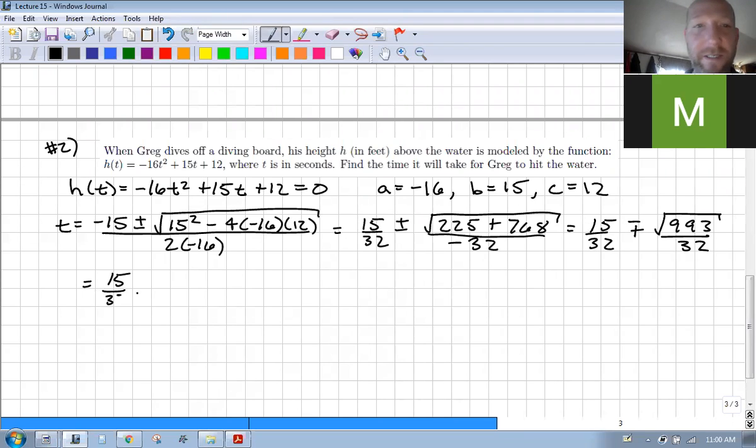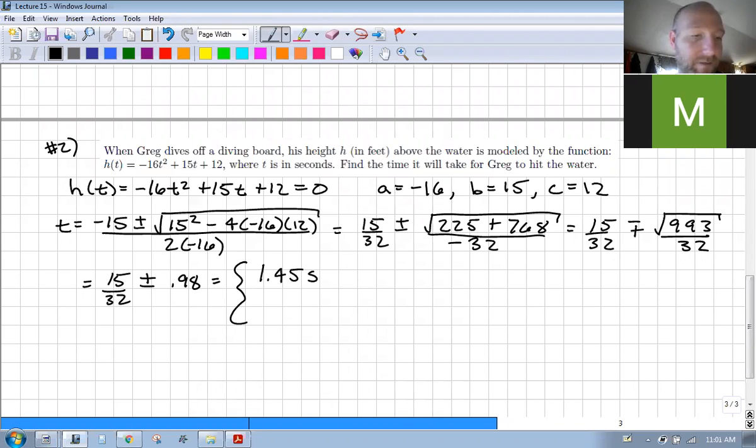15 over 32 seconds. Minus plus is the same thing as plus or minus. Well, square root of 993 divided by 32 is 0.98. So 15 divided by 32 plus 0.98 is 1.45 seconds.